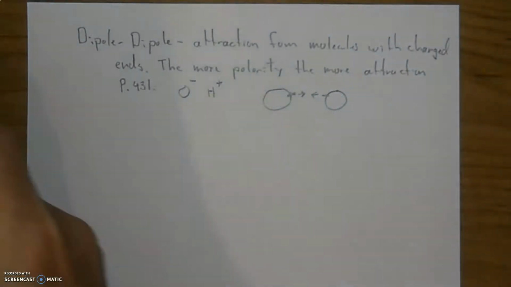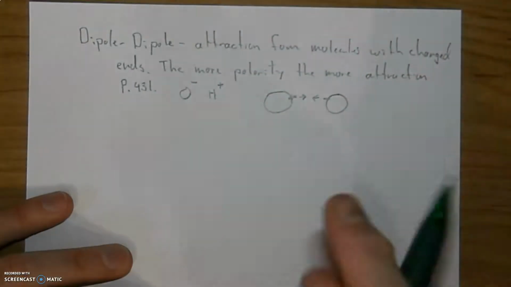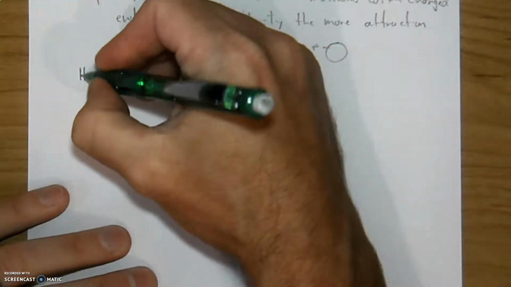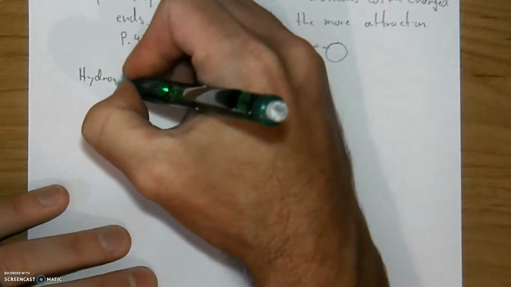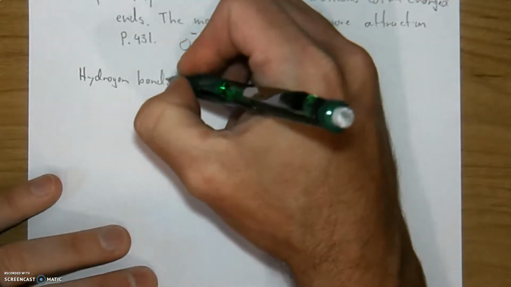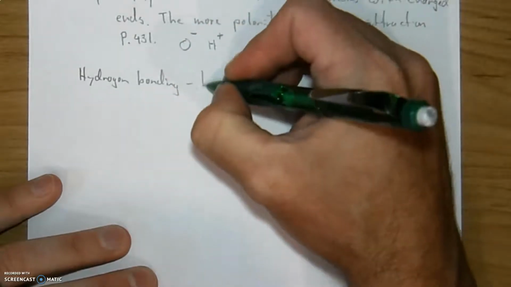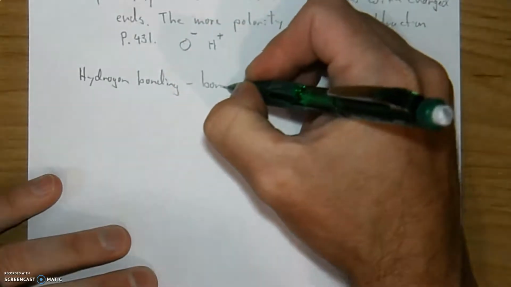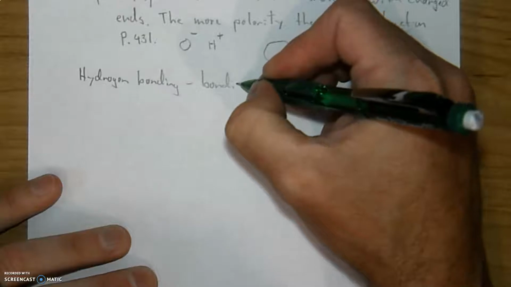Let's look at the last one in this example, which is sort of like dipole. And we call this one specifically hydrogen bonding. People get this one a little bit confused, so we'll see how we can do with this.